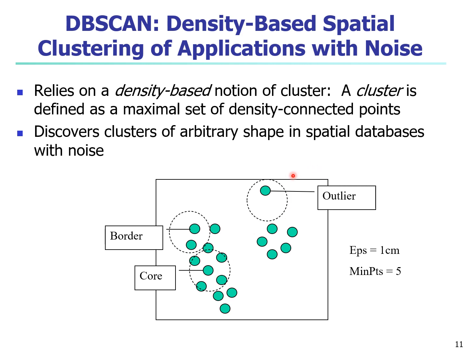Now a point that, if you draw the shape, in this case the circle, satisfies the 1 centimeter epsilon, however it does not satisfy the minimum points condition, which is 5 here. Like here, it's the only point in the neighborhood. This point is called an outlier.